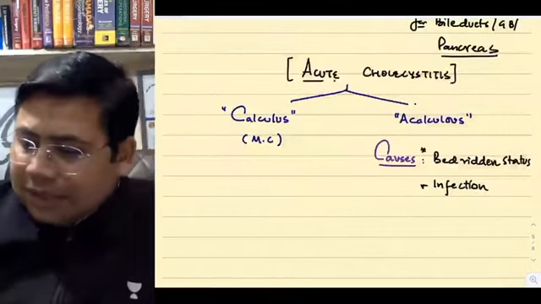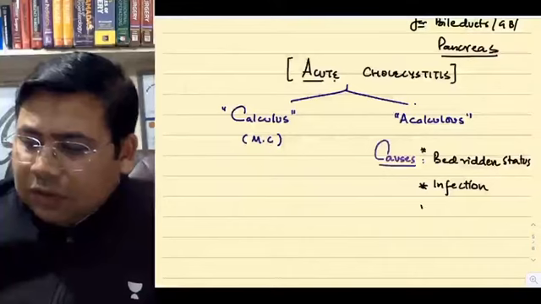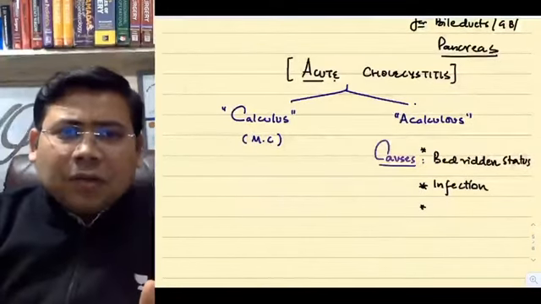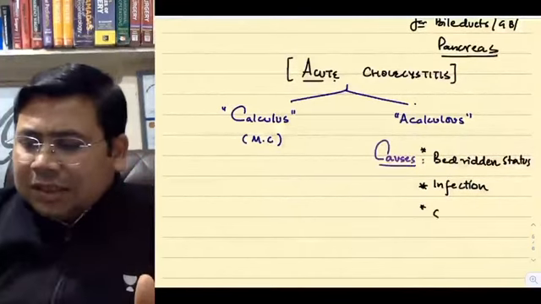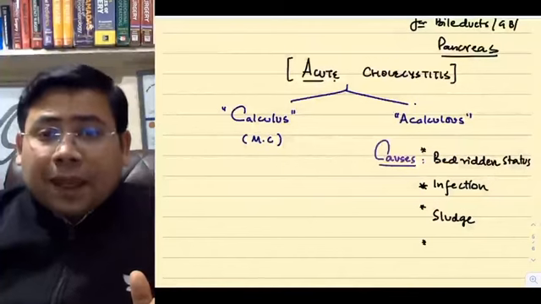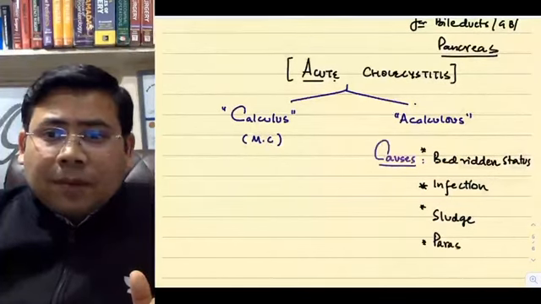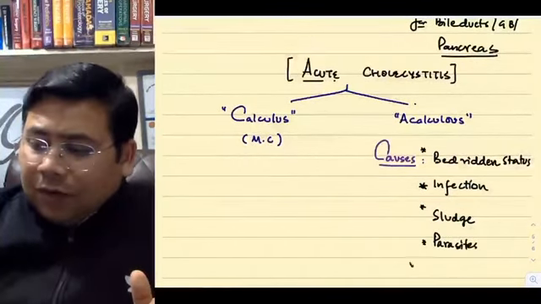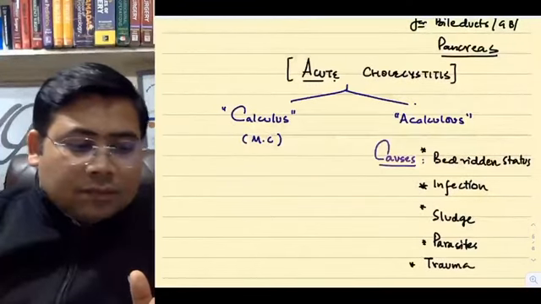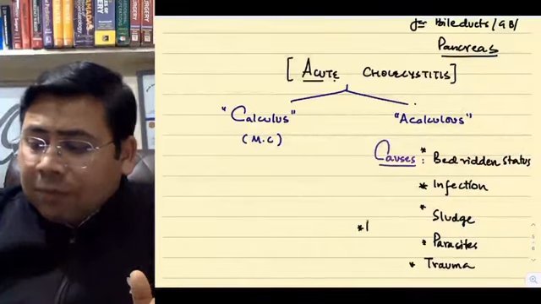What else? Sludge can be considered as a calculus one also, but since sludge is a precursor stage, I may consider it. Then yes, parasites. Apart from that, trauma. Apart from that, post surgery.